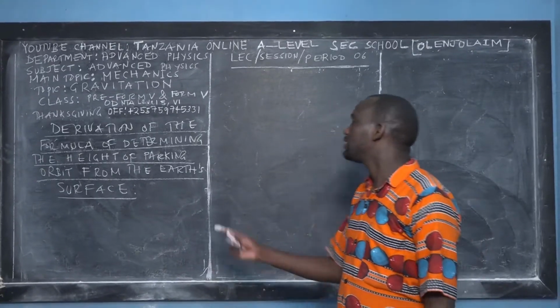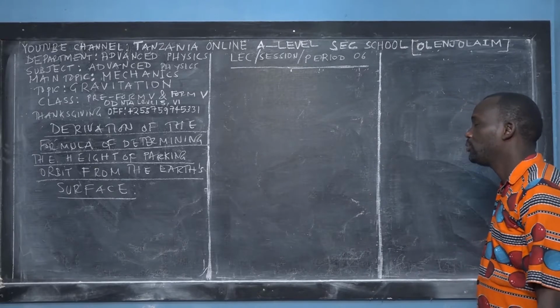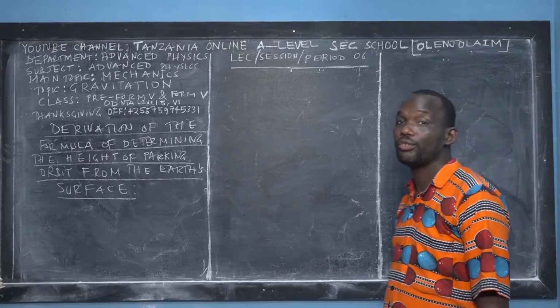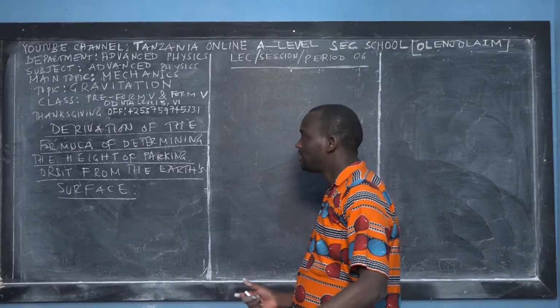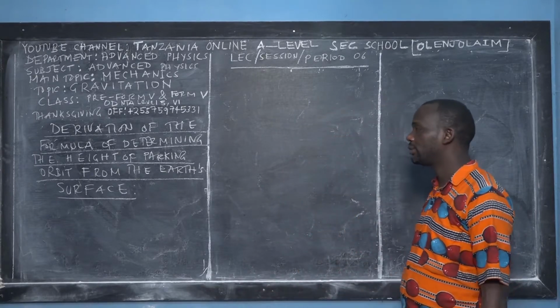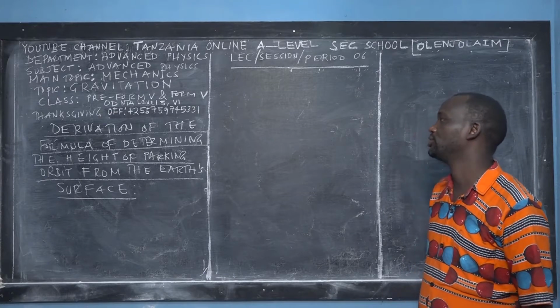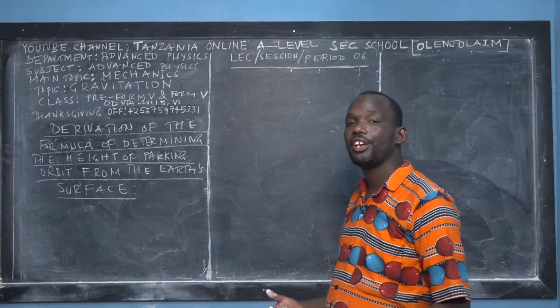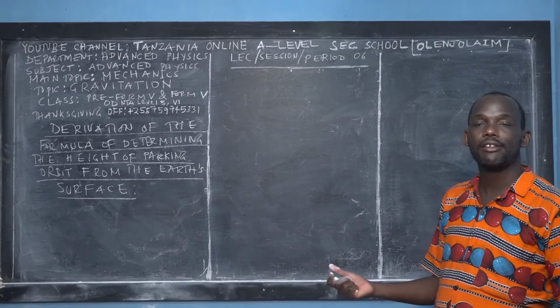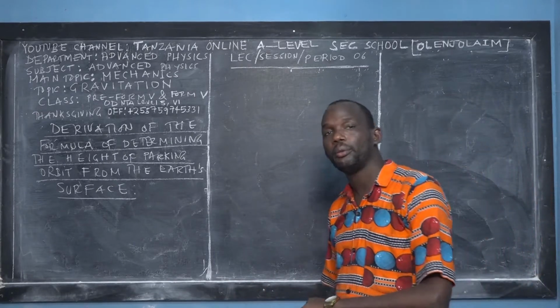Okay, so let us go now to a very interesting point of derivations, because you know advanced physics mentors or trains students on the concepts, explanations, descriptions, derivations, and the main part is solving problems.